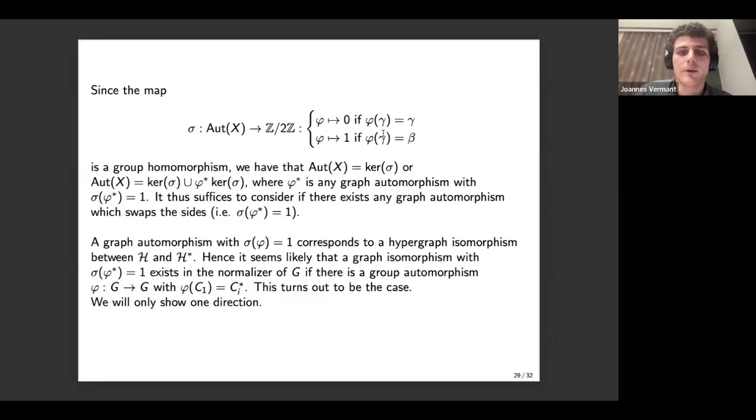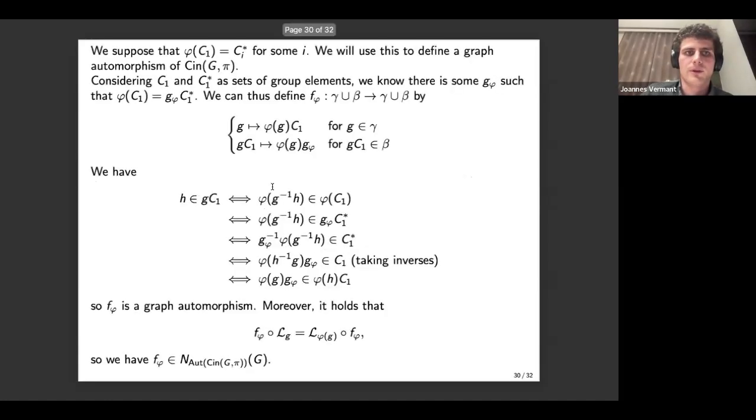Now I will show one direction: if we have such a group automorphism, then we get a graph automorphism. So we assume that we have a group automorphism phi such that phi of C1 is Ci star for some i. If we consider C1 and C1 star as sets of group elements, we know that there is some group element G phi such that phi of C1 is equal to G phi C1 star.